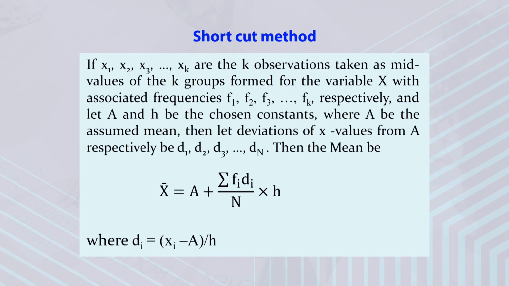Then we calculate the sum of the product of these deviations with the corresponding frequencies and divide by capital N, that is the total of all the frequencies, using the given formula.